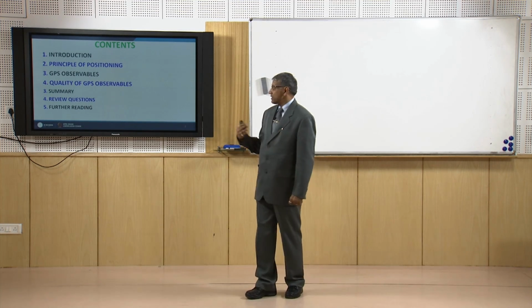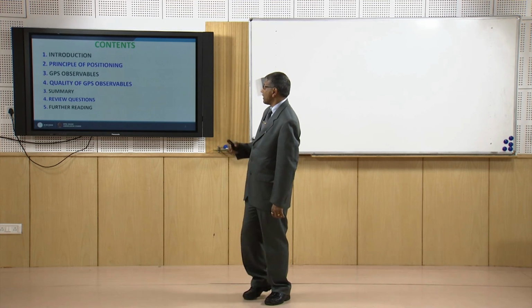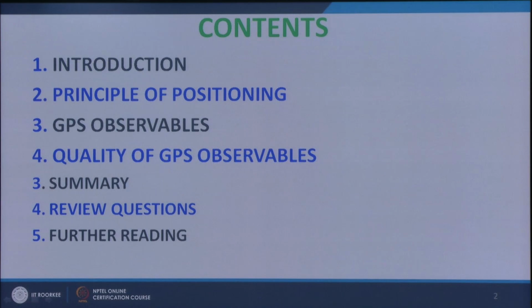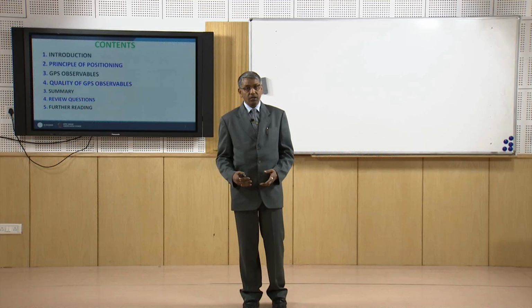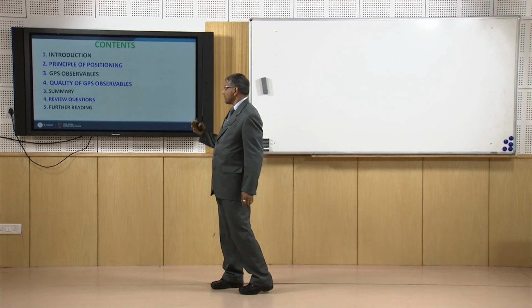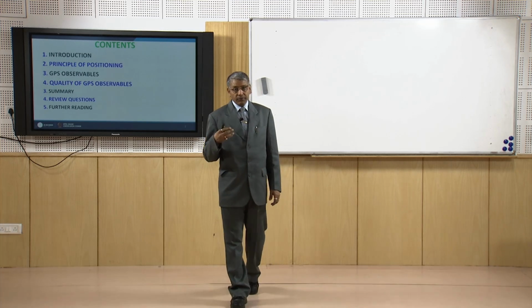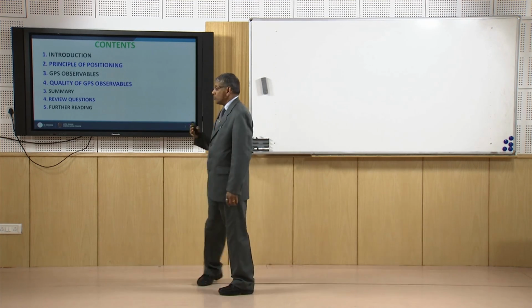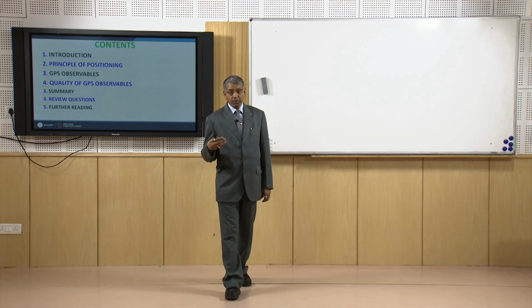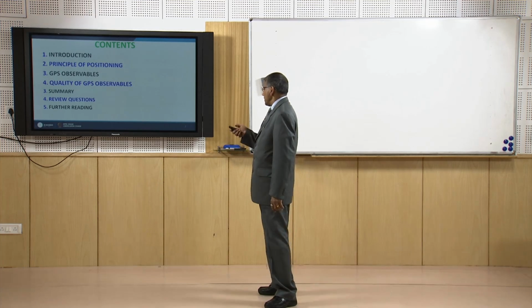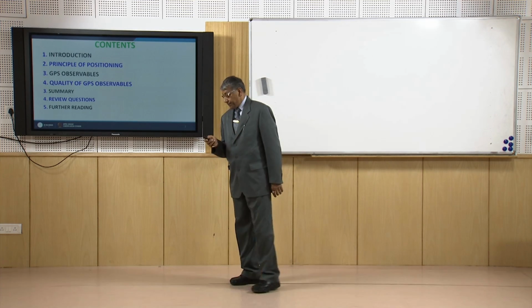First I will tell you about GPS positioning and observables, then the principle of positioning, that means how we determine the position of any point or location using GPS satellites, and what observables we look for in GPS observations, and how the quality of GPS observables is ascertained, followed by summary, review questions and further reading.